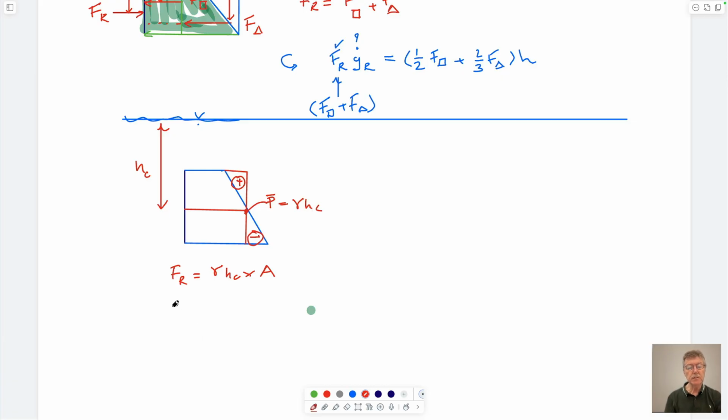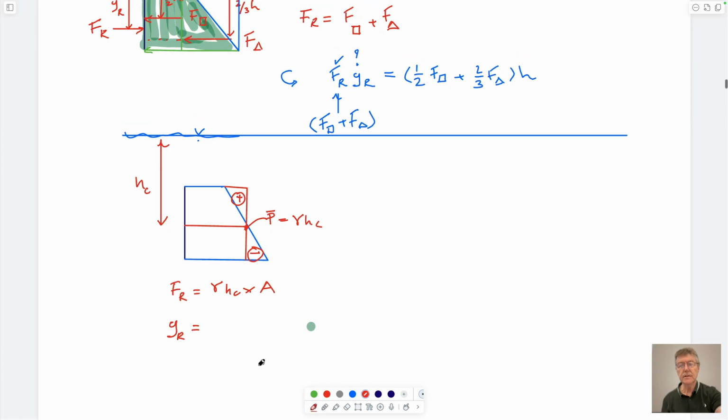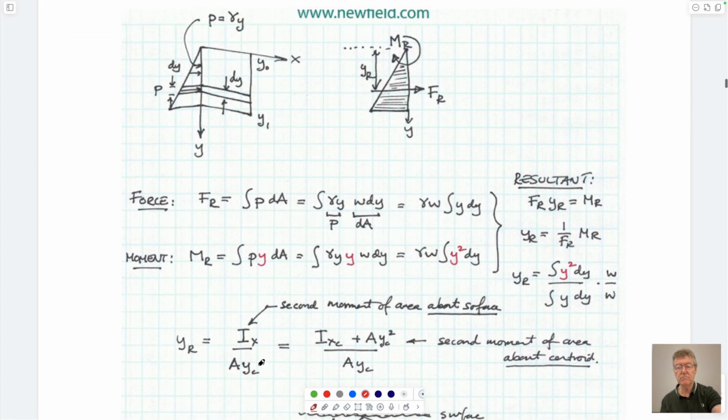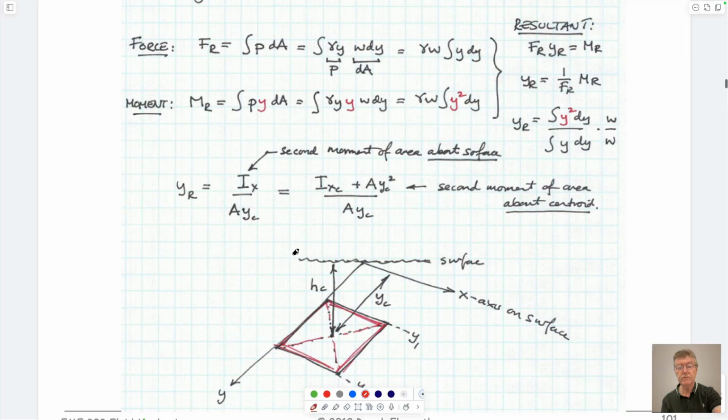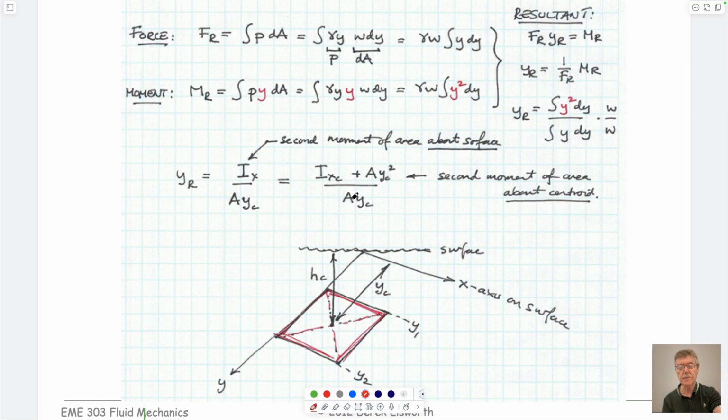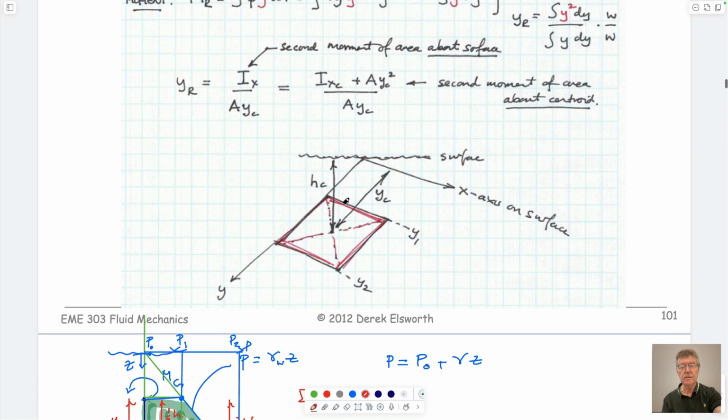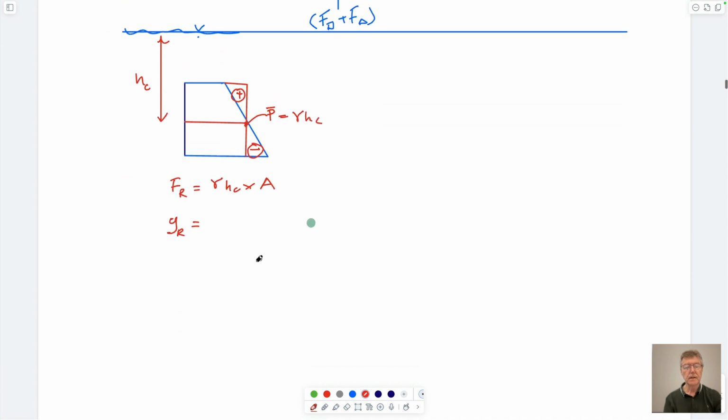And the location of yR is always equal to this other expression, which is the parallel axis theorem: the second moment of inertia around the centroid about the x-axis, divided by the area of the plate times yc, plus yc.